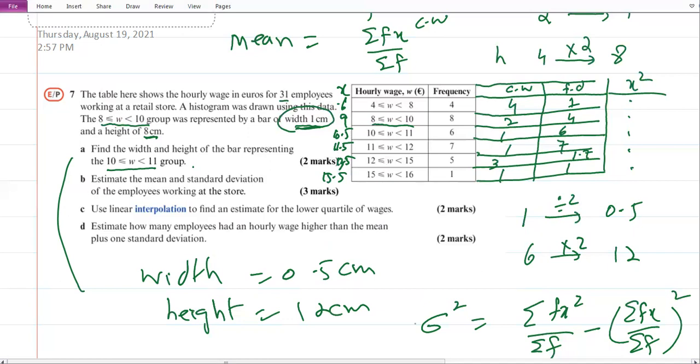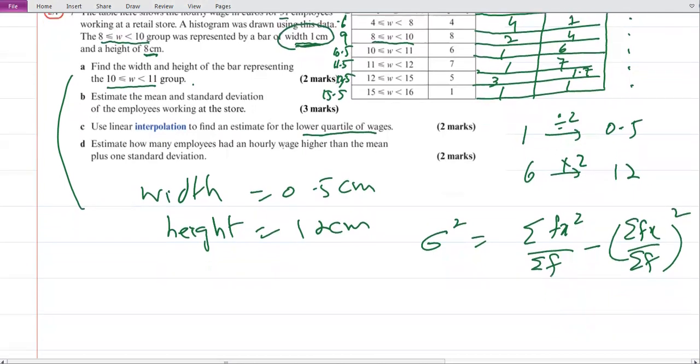Okay. Now the next part is use interpolation to find the estimate for the lower quartile of the wages. Now you must use the interpolation. You also know how to use the interpolation to find the lower quartile, meaning Q1 you have to find. For interpolation, you know Q1 is always a quarter of the total values.